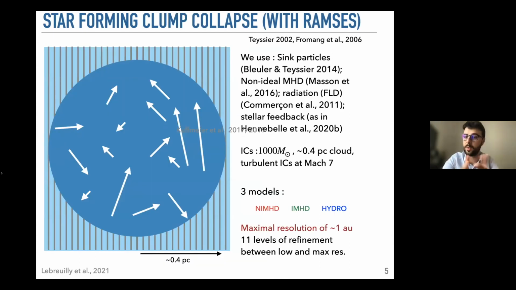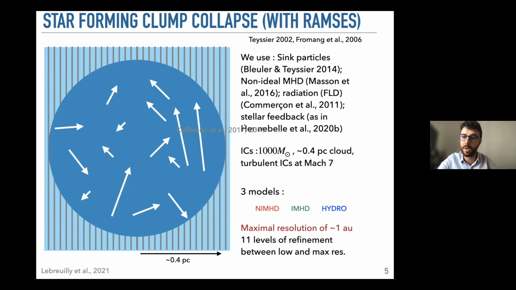So we want to extend these studies to include, first, the magnetic field, and more particularly non-ideal MHD, which is due to the weak coupling between the matter and the magnetic field during the protostellar collapse. And we also want to self-consistently zoom into regions where a disk is formed in order to investigate the full population that is formed from the calculation.